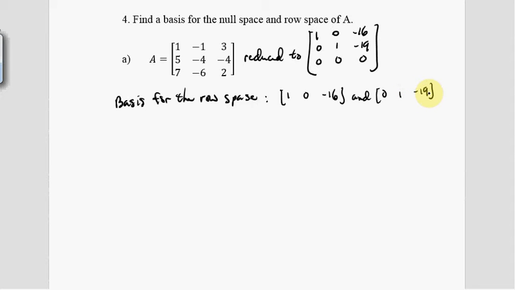Now, to get the basis for the null space, we do what we did in that previous problem in that previous section. To find the basis for the null space, simply solve for the set of infinitely many solutions.